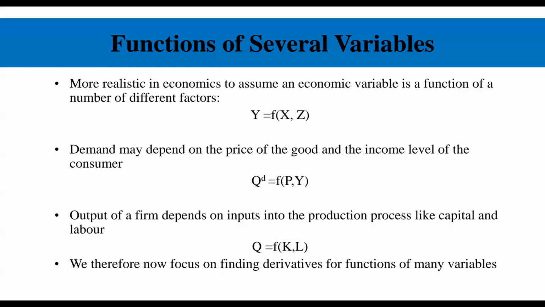To be much more realistic in economics, we assume that an economic variable is just a function of a number of different factors. Remember, there are so many macro and microeconomic variables that we discuss in economics, right?